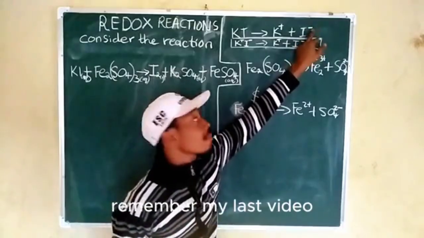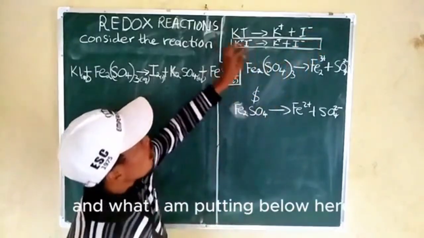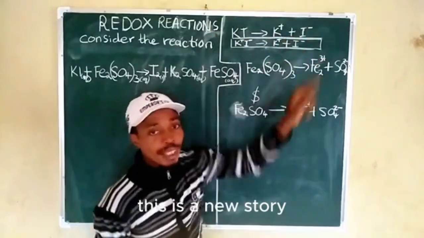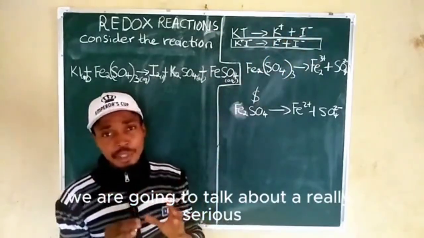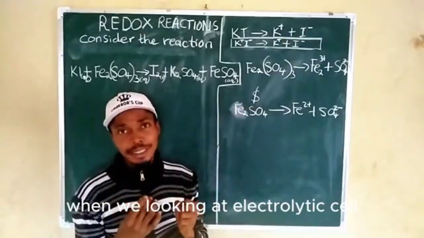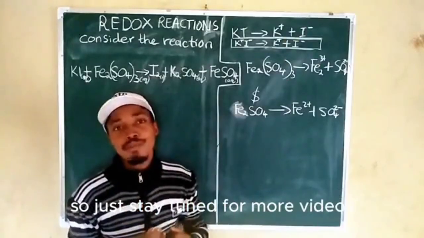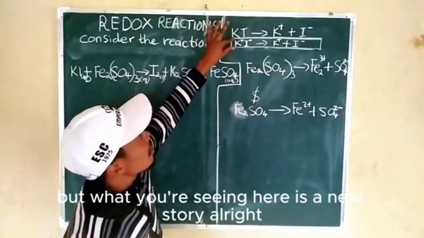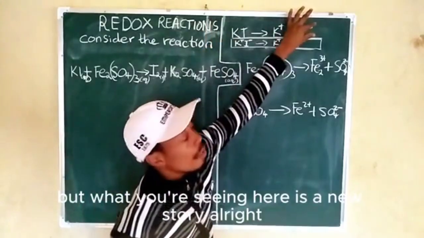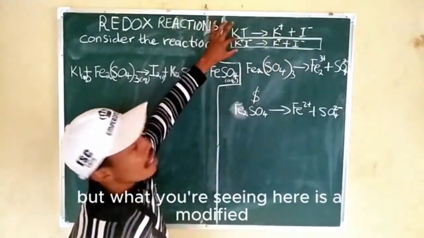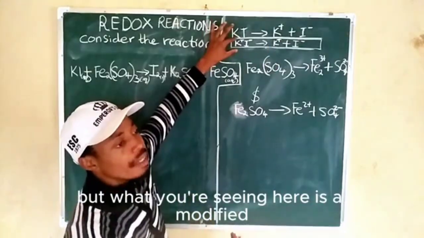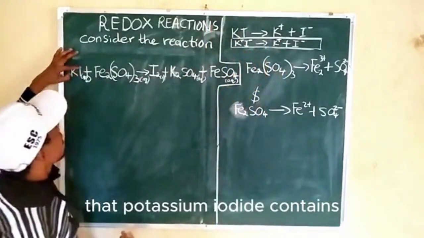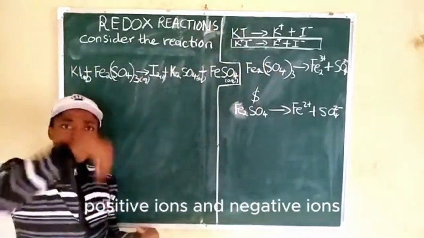Remember my last video? What I am putting below here is Arrhenius theory. We are going to talk about Arrhenius theory when we're looking at the electrolytic cell, so just stay tuned for more videos. But what you're seeing here is a modern form of Arrhenius theory: potassium iodide contains positive ions and negative ions.